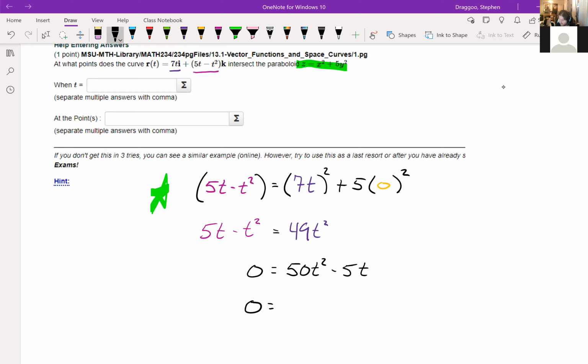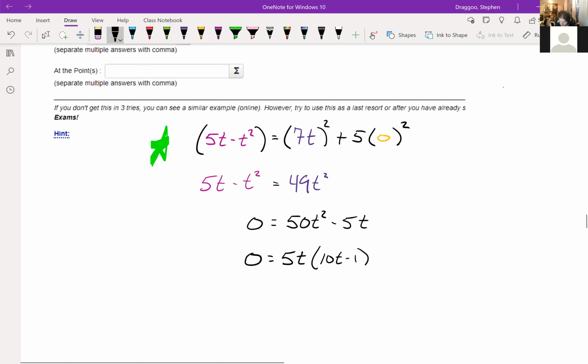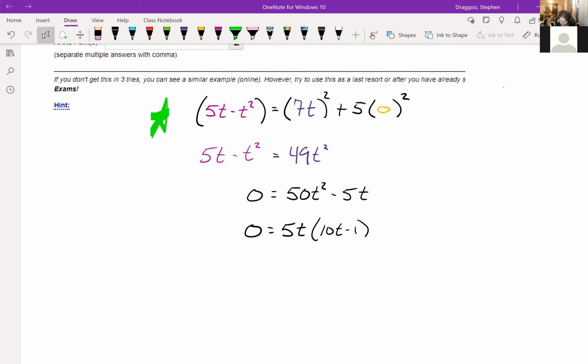Instead, I'll factor out everything I can: 5t times (10t minus 1) equals 0. Doing so, I get a couple of options for t: t equals 0 or t equals 1/10.